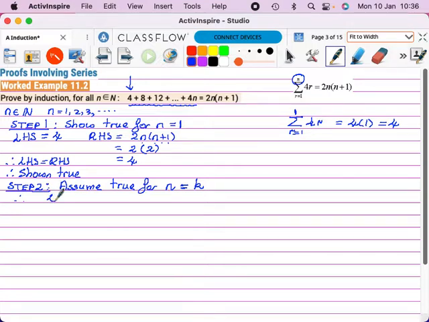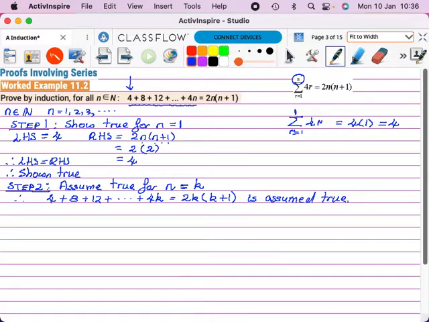Therefore, 4 plus 8 plus 12 plus ... plus, and then I replace the n with a k, and then I replace the n with the k on the other side. And I write next to it, is assumed true.